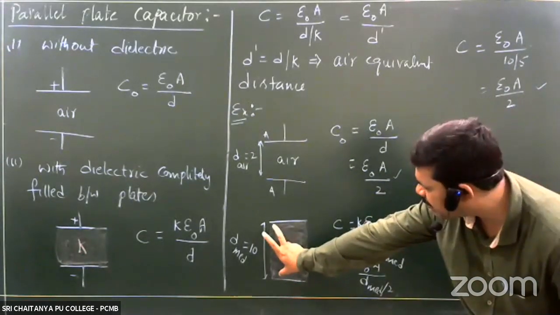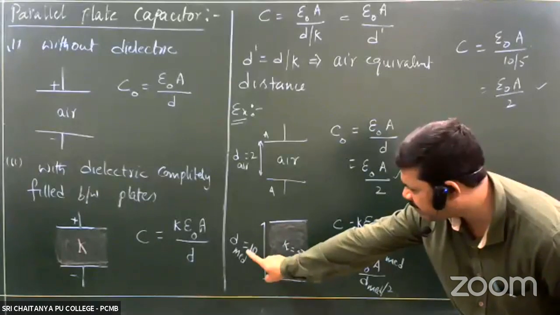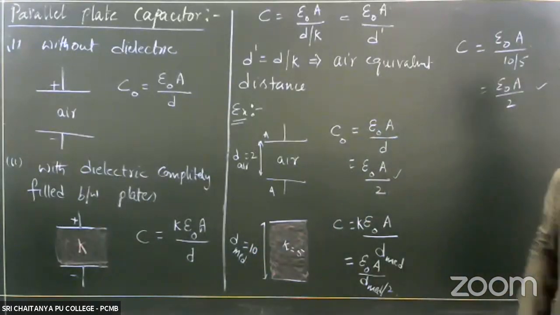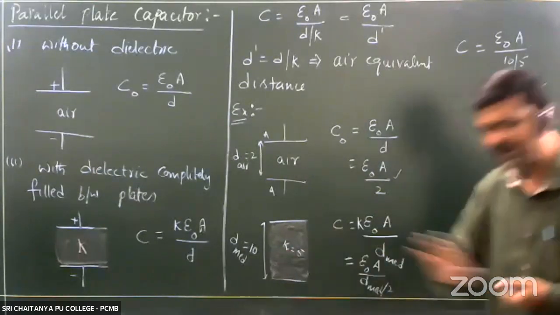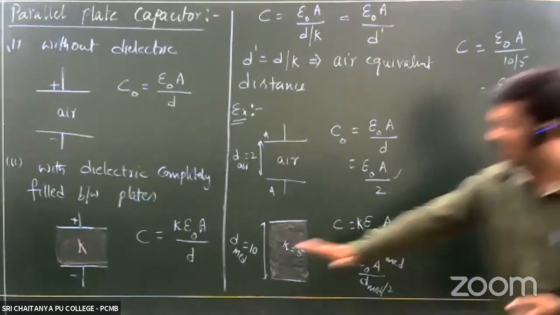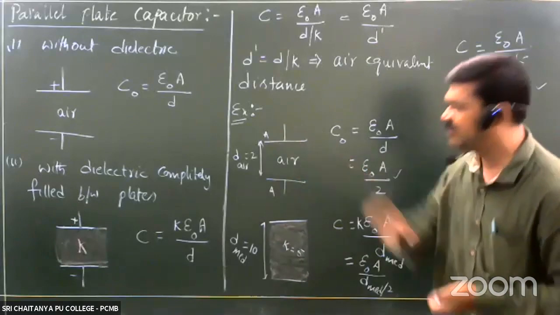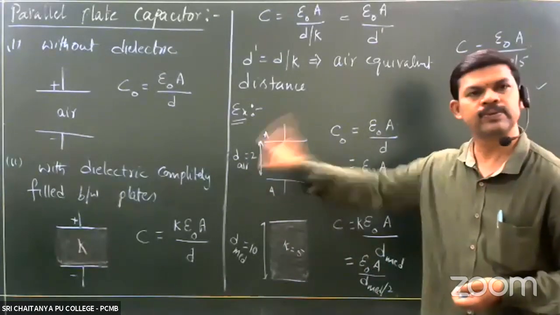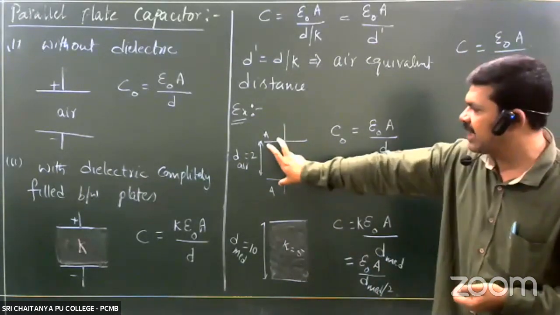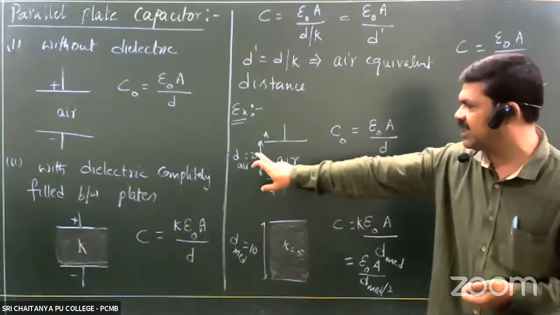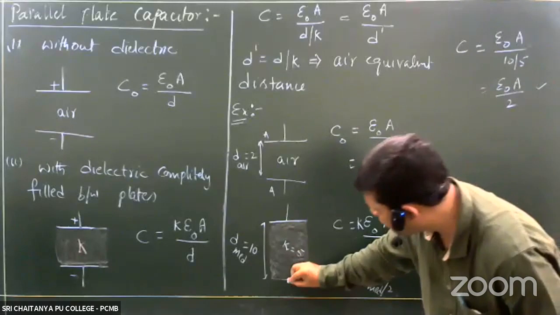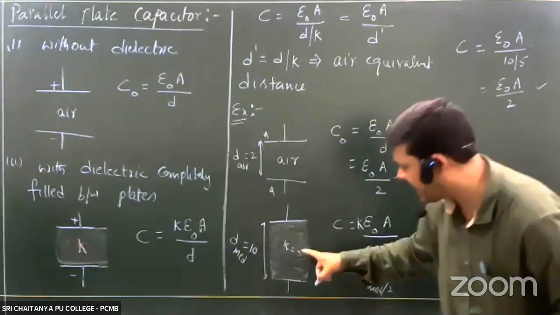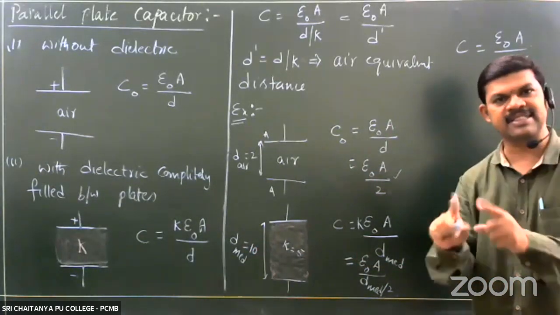How much separation here with the medium? 10 meter, let us say 10 units, with a dielectric K, 5. What is its air equivalent separation? 2. With air, the separation is 2. With a dielectric medium, with separation 10 and K 5, it is similar.